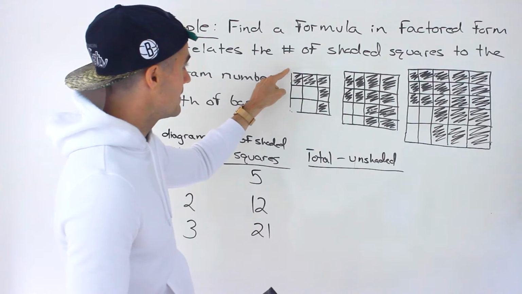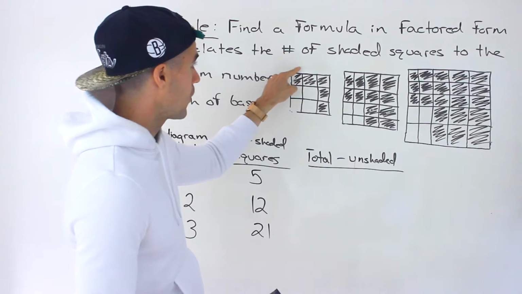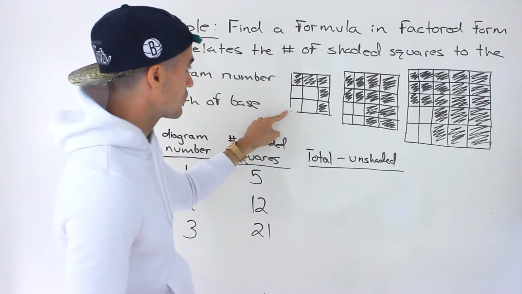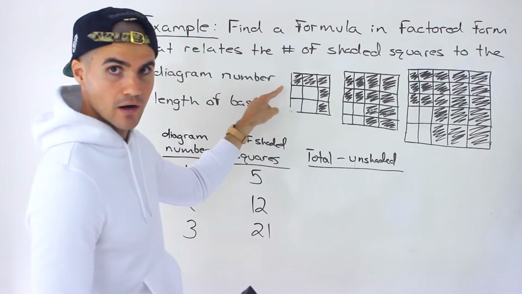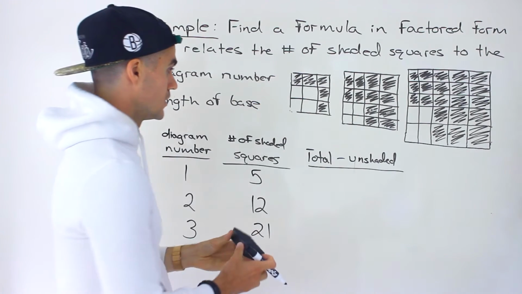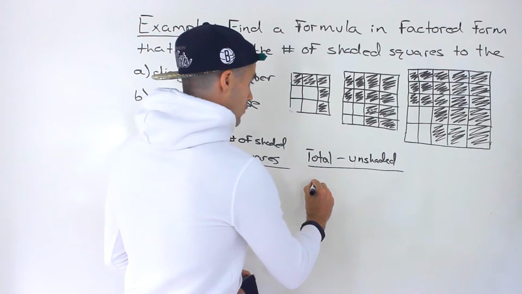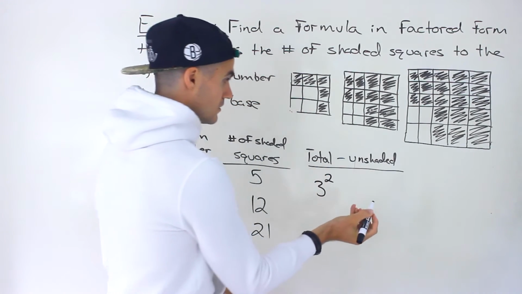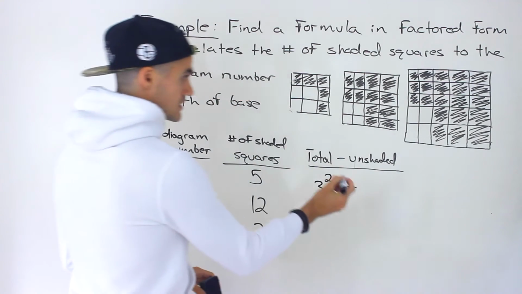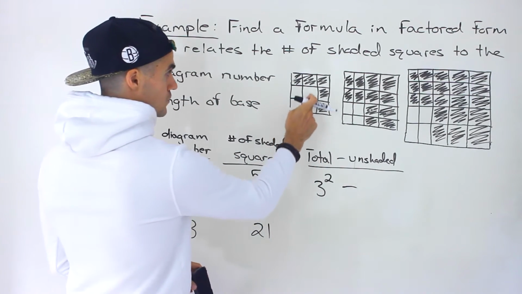So notice that this first diagram is 3 by 3. So notice that there's 9 squares in total. So what we can do is we could go 3 squared minus the unshaded squares, which would be 1, 2, 3, 4.